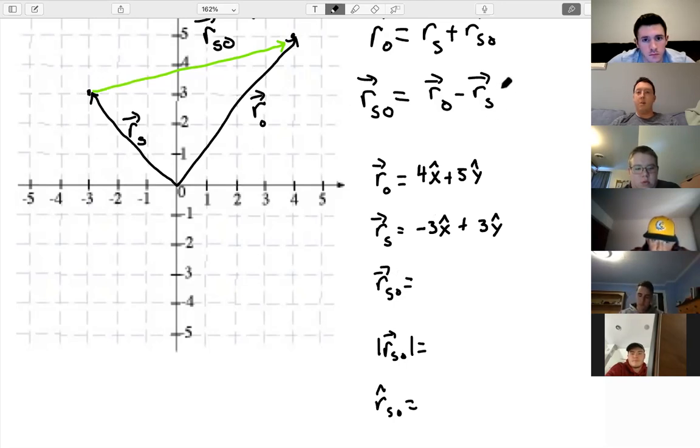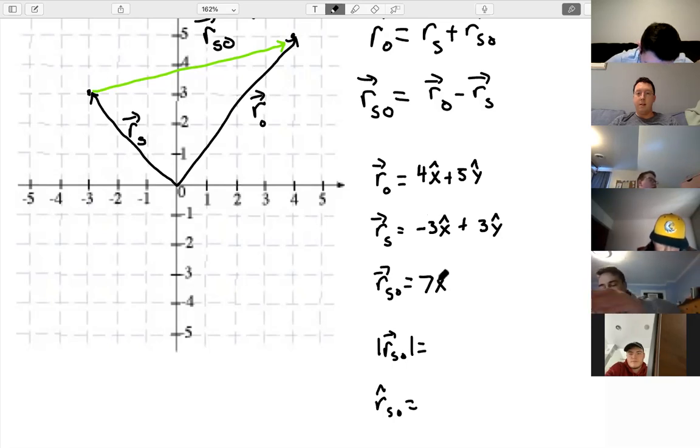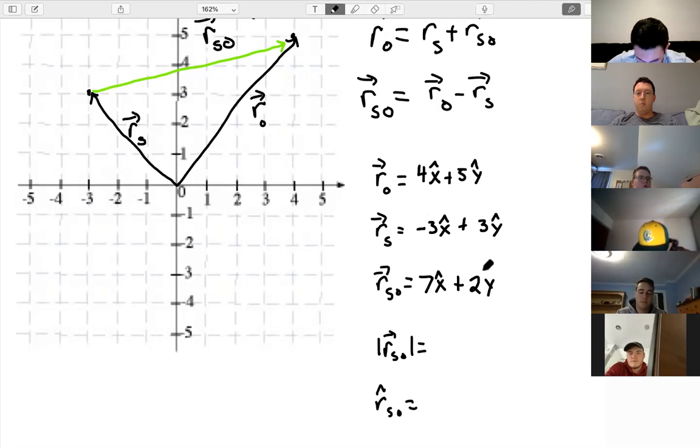Well, you go back up here to the formula. R_SO is O minus S. So I need to do O minus S, but you just subtract the components. That's going to give me 4 minus negative 3, which is 7 x hat, plus 5 minus 3, 2 y hat.